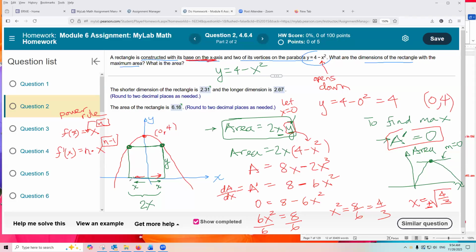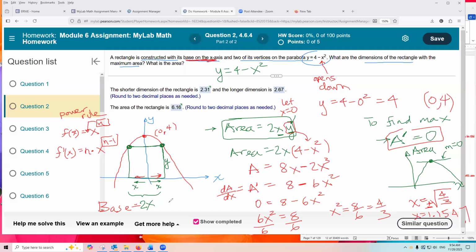All right, if I work that out on my calculator, square root of 4 over 3, I'm getting the answer 1.1547. So x equals 1.1547. Well, now I can figure out this base because the base is 2x.